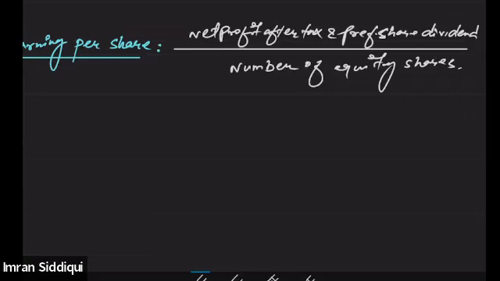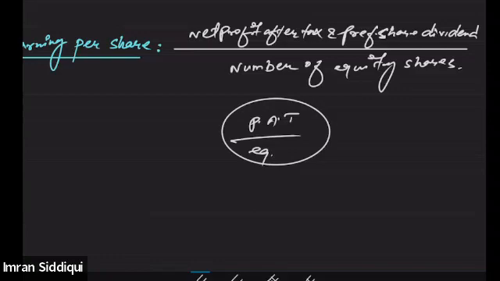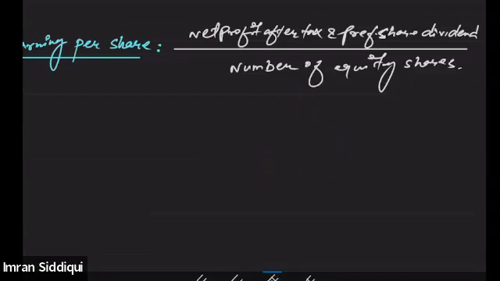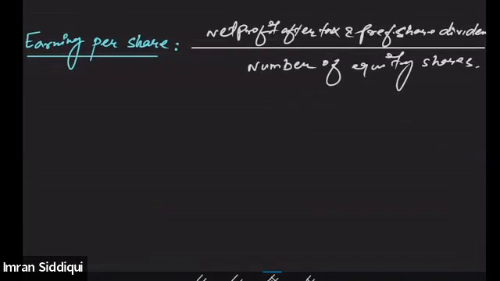Basically, simplifying this formula, you just need profit after tax divided by number of equity shares. This is the basic formula. All right, I hope this is clear.